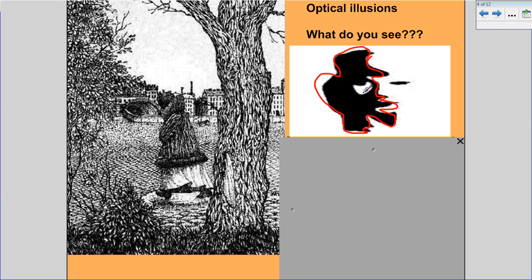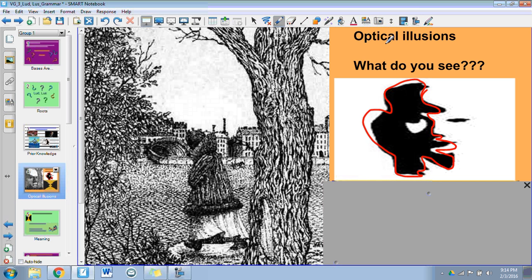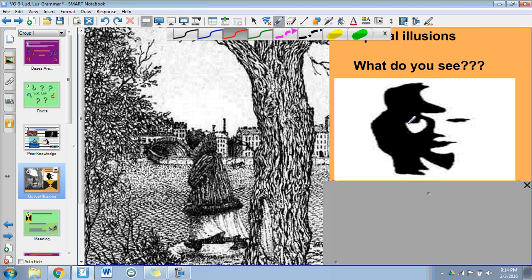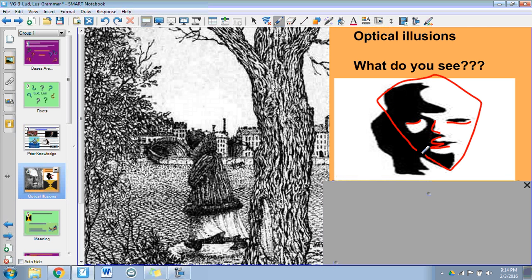If you look past that, you can then see a woman's face. This would be her eyes, her nose, her mouth, and her chin. She's just kind of in a weird shadow, and this would be her hair.